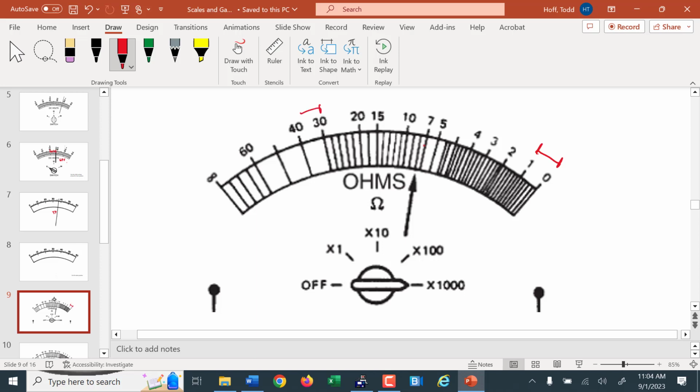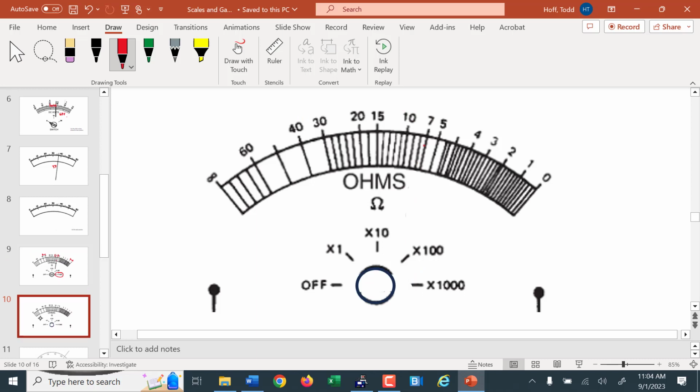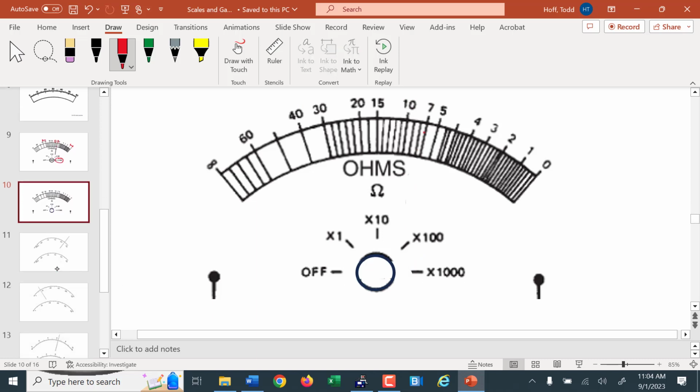About that same distance up here is 10 ohms. So you almost have to look at where it is and kind of count between numbers. Like we have the 7 and the 10 marked here. What's that arrow pointing at? Yeah, it's pointing at the 8, and somebody caught the 1,000 there on the dial. 8,000 is what that's reading.